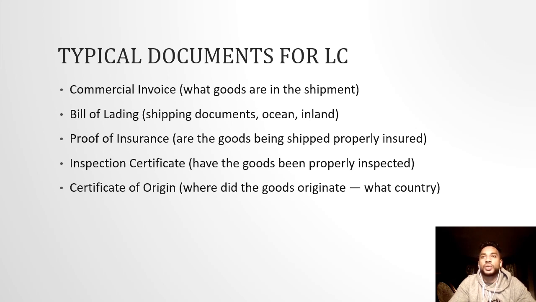In our case, we were doing food grade oil, so they would check what type of oil was in the ship and all the specs, making sure they meet the specs that they wanted. And then the certificate of origin: what country did the goods originate from? We have to have all that in order to get paid.